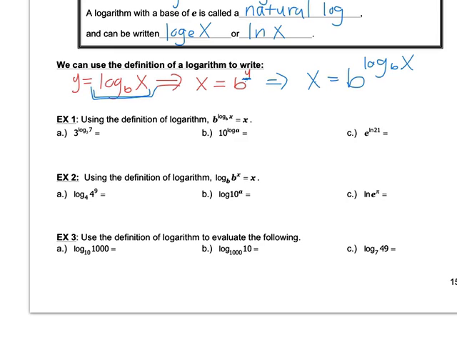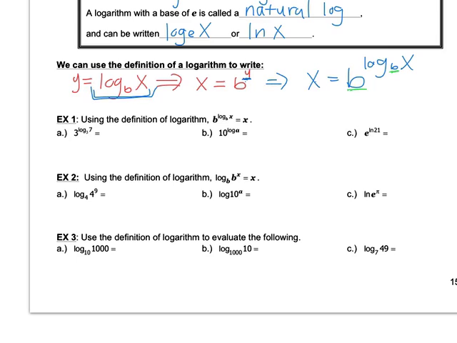Now this seems silly to write x like that, but it's helpful because if you see what's happening, you've got an exponent here to the base b, but the exponent itself is a log with the same base as the base of our exponent. So here's our base of the exponent, here's the base of the log.